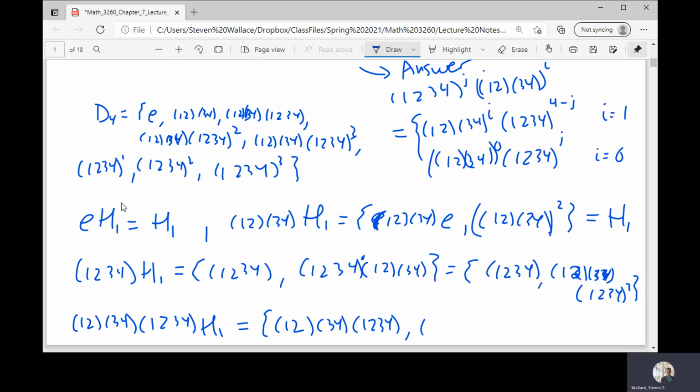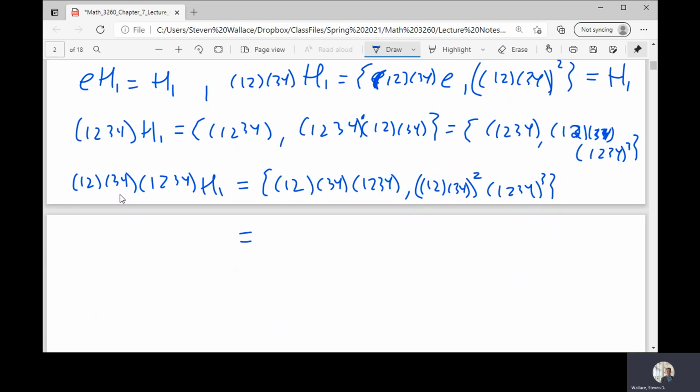So if I switch the 1, 2, 3, 4, the rotation, and the reflection, then this becomes 1, 2, 3, 4, and then a cubed, and then I get 1, 2, 3, 4 all squared. Okay, with 1, 2, 3, 4 cubed. So what do I get? I get reflection, rotation, then rotation cubed.